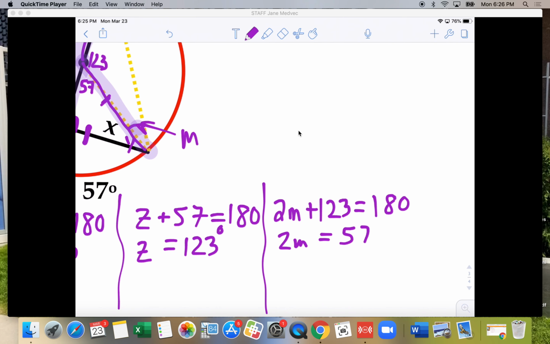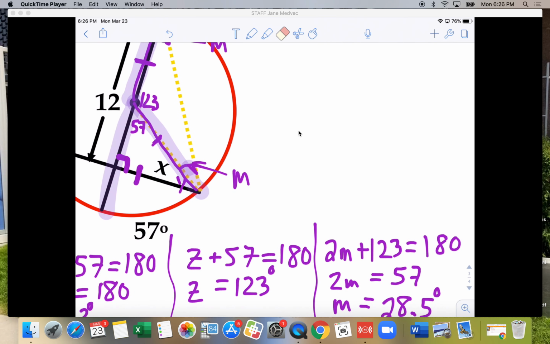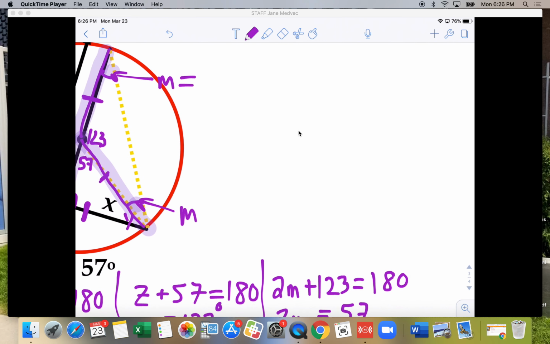I'm going to divide by 2. So M is going to give me 28.5 degrees. So this angle up here is 28.5 degrees.